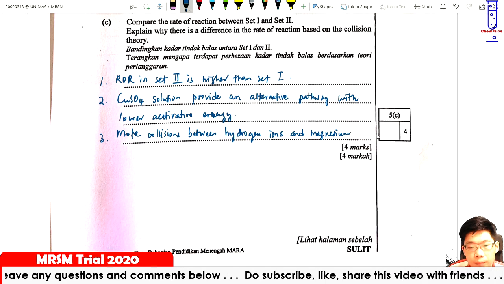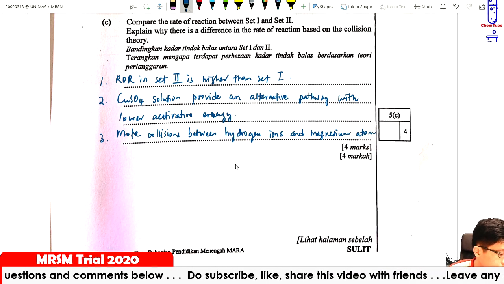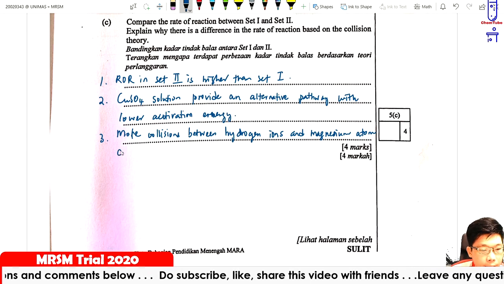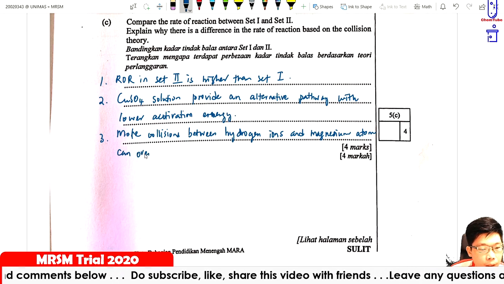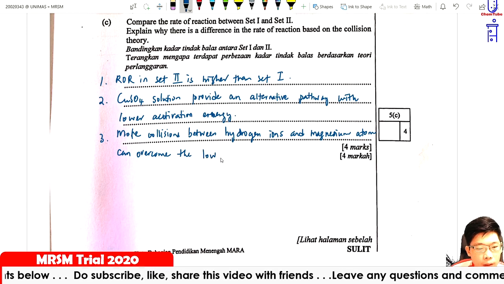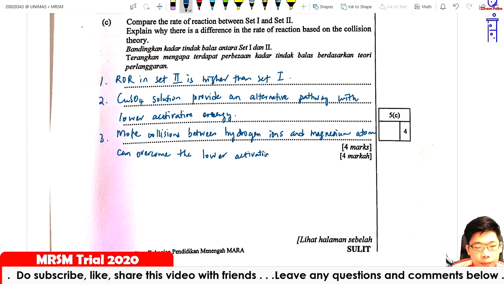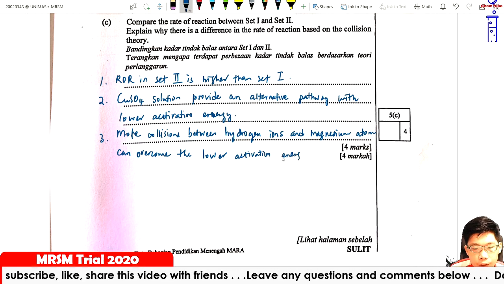Magnesium is a powder, so the magnesium atoms can overcome the lower activation energy.